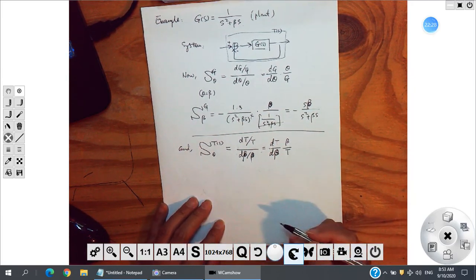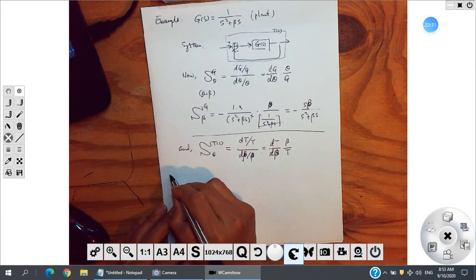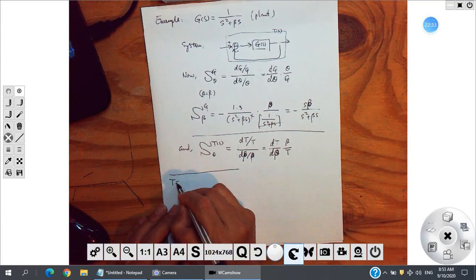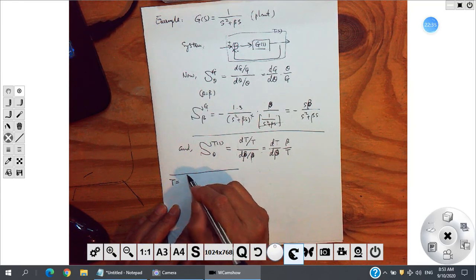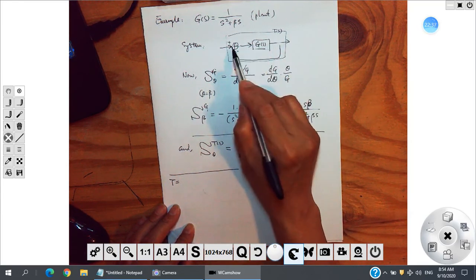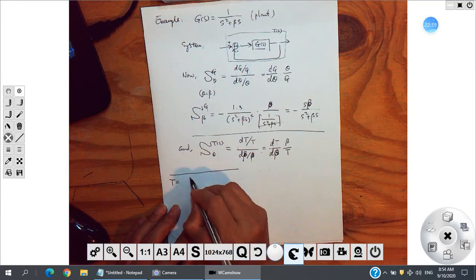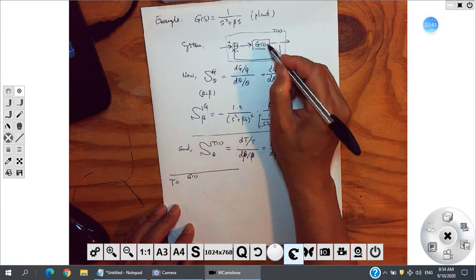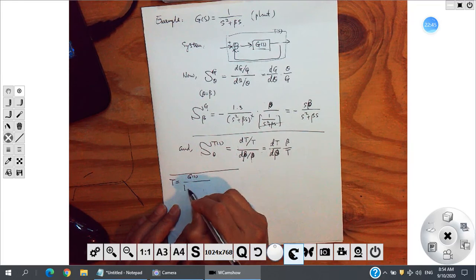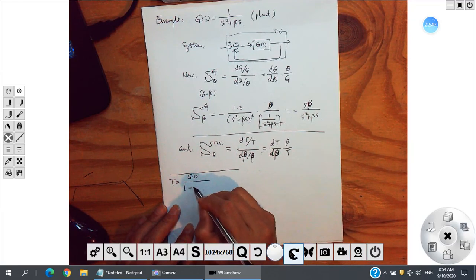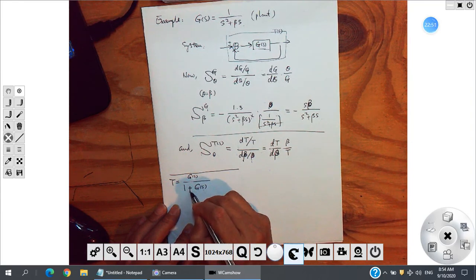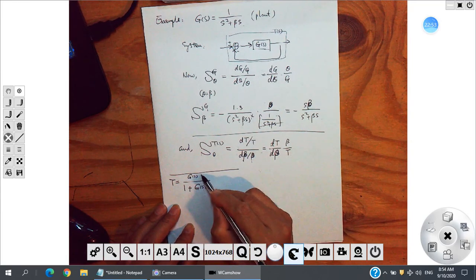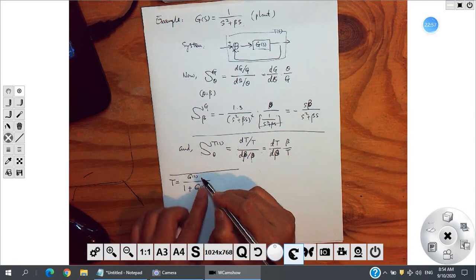And okay, what is T? T equals to, now we can use the gain formula, right? We have one forward path, that is G, and only one loop, so the denominator is 1 minus that loop. That loop is negative G, so here's a plus. And for the numerator, I still need a delta 1, but now delta 1 is just 1. Make sense?